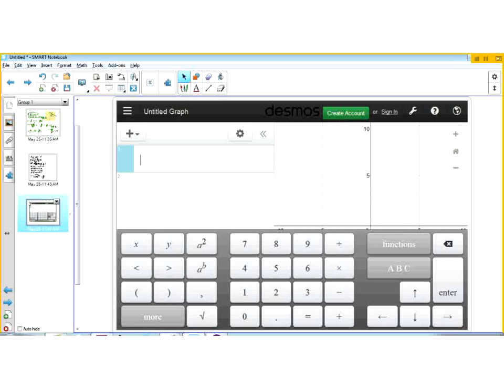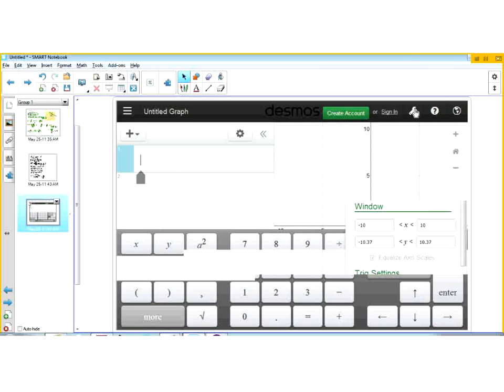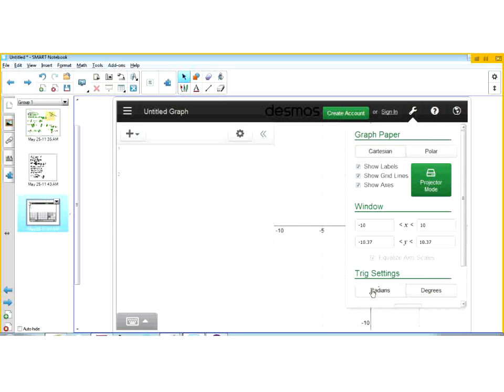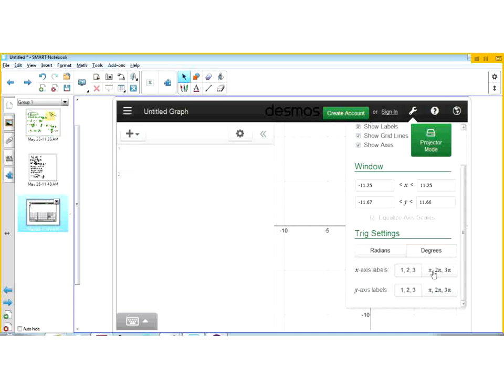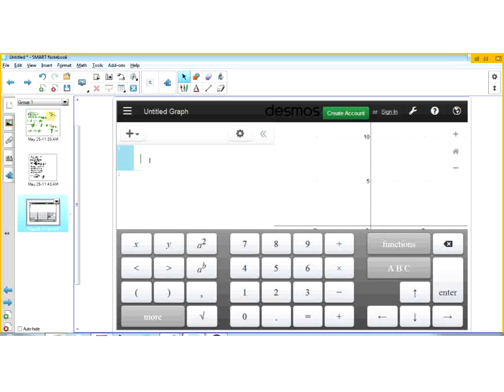Okay, so let's consider the function y equals sine x. Well, let me set my window properties first. So I'll use radians, and we'll have the x-axis labels in terms of multiples of pi. So y equals sine x.